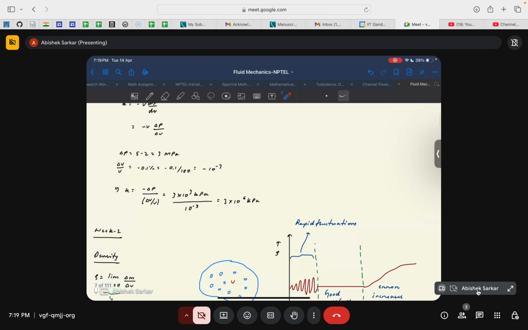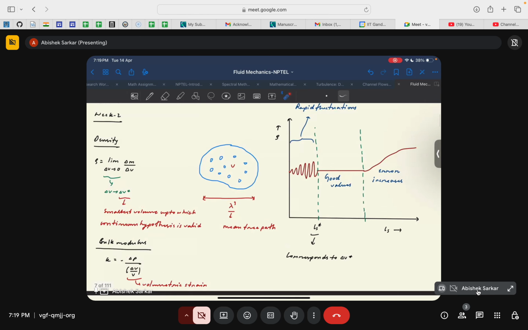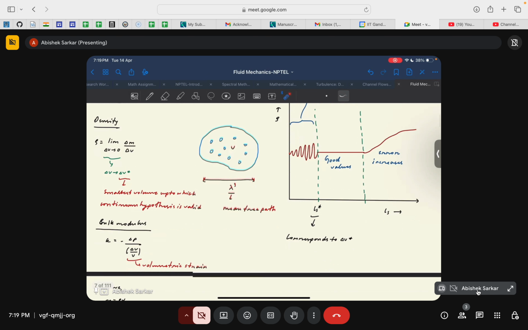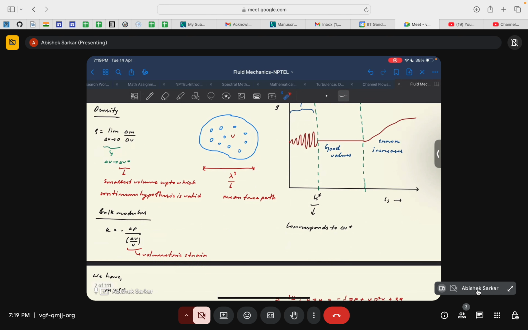After that, in the second week we discussed other fluid characteristics such as density, then bulk modulus, which is defined as the change in pressure by the volumetric strain.